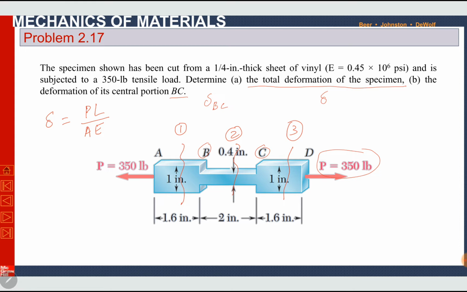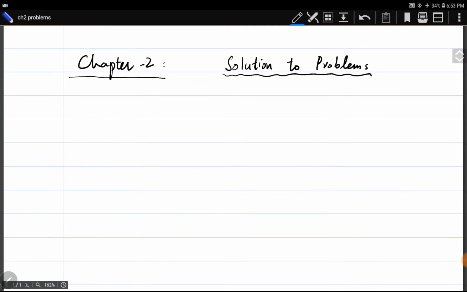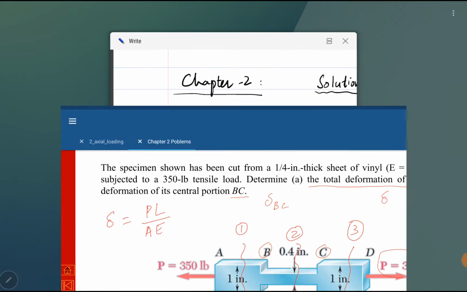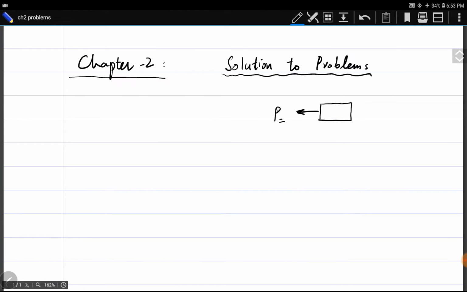In section 1, if I draw here, section 1, here is load P equal to 350 pounds. So P1 will be equal to 350 pounds.